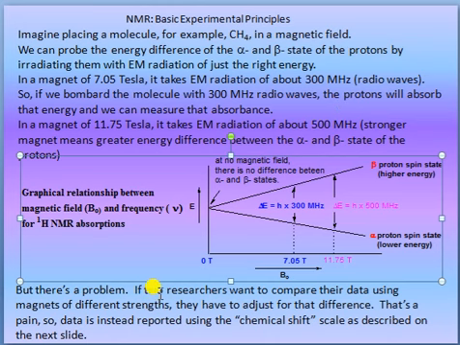Now there is a problem. If two researchers want to compare their data using different magnetic fields, how will it be solved? Chemical shift is compared with a particular sample, suppose tetramethylsilane.